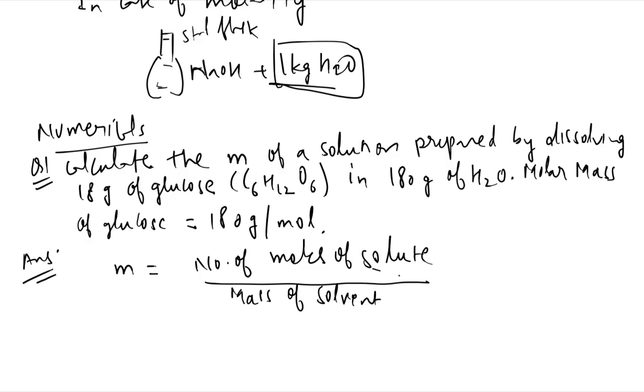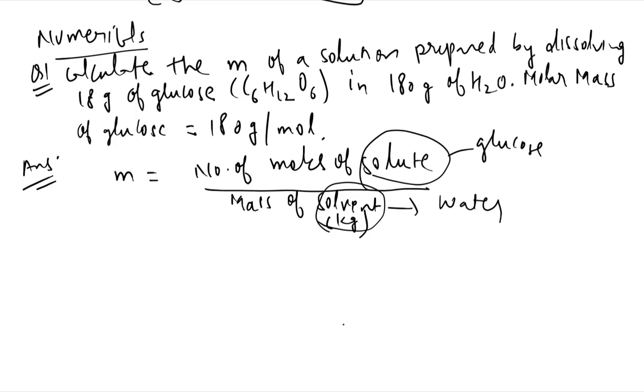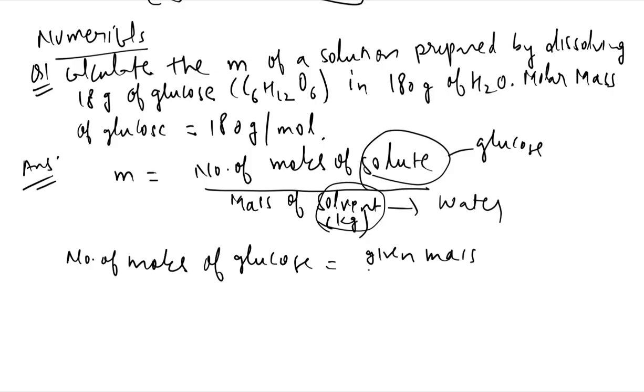In this case, solute is glucose and solvent is water. This has to be in kg. All right, so first we have to find the number of moles of solute. So number of moles of glucose is given mass divided by molar mass.